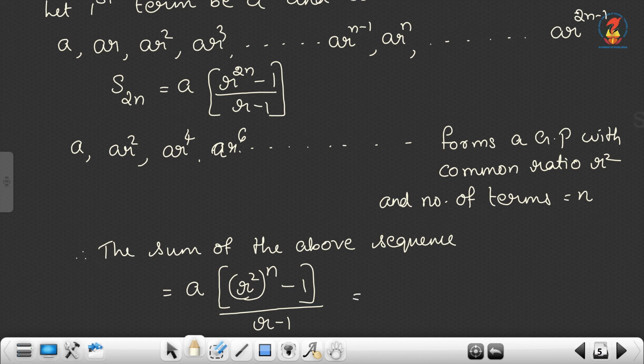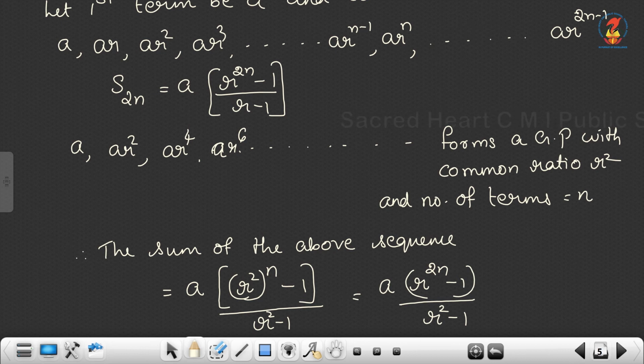Not R minus 1, the common ratio is R square. Or A into R raised to 2n minus 1 by R square minus 1.